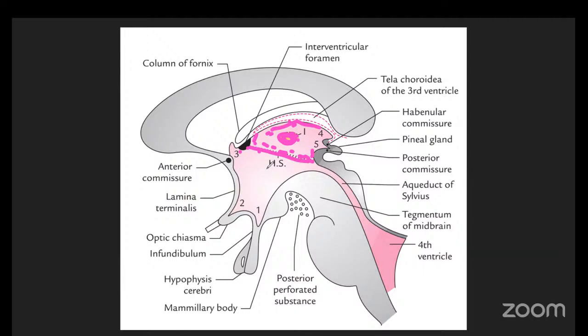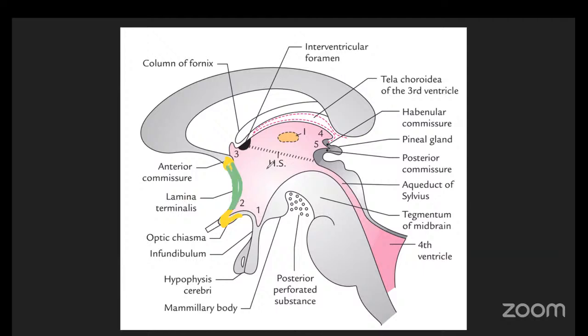Let's take a very good look at the anterior wall. We have the anterior commissure, and then we have the optic chiasm, which is basically included in the floor. But between the anterior commissure and optic chiasm, this is a mass of gray matter.